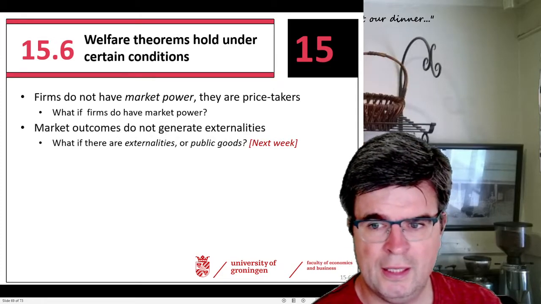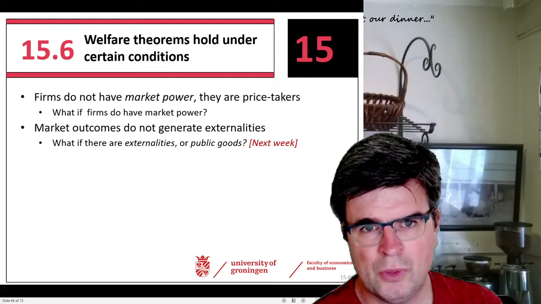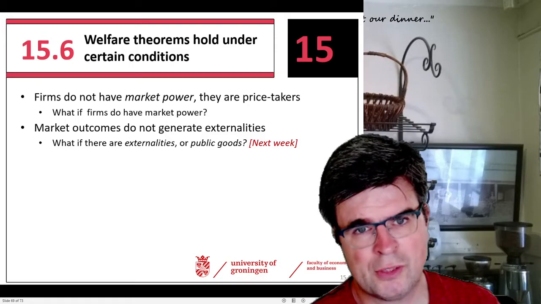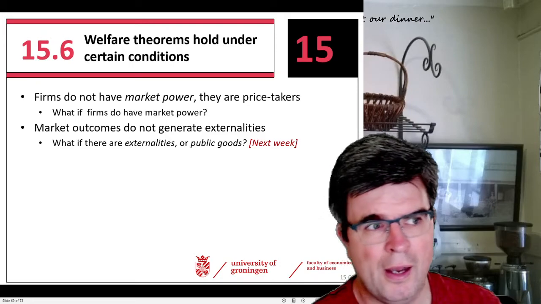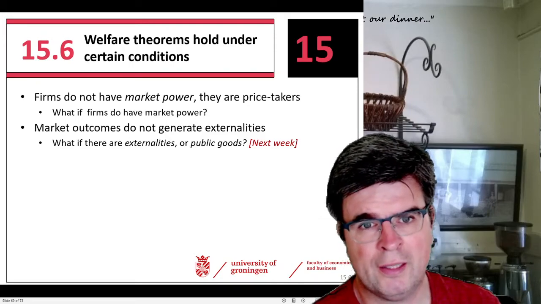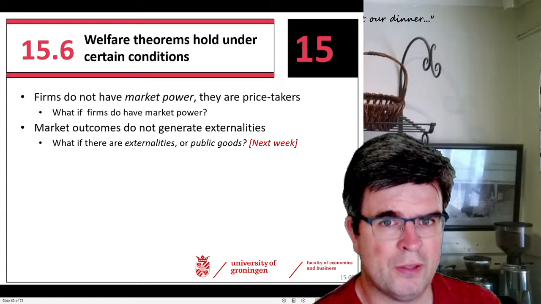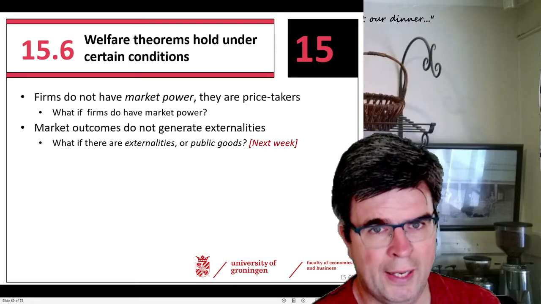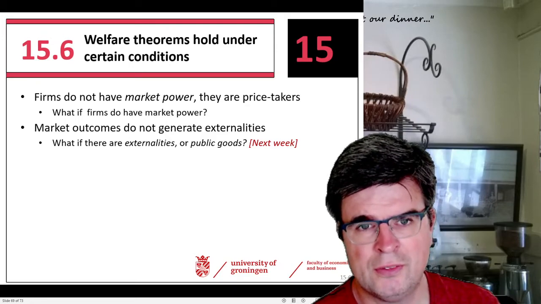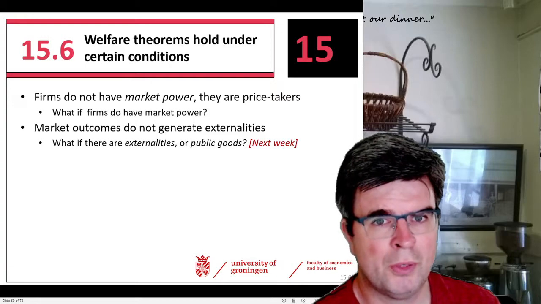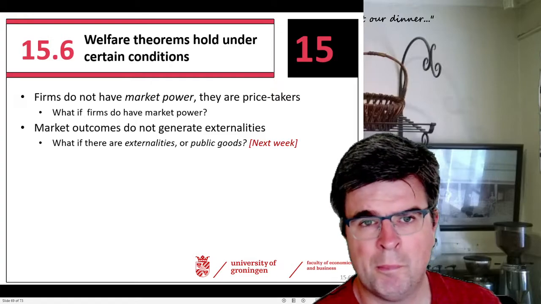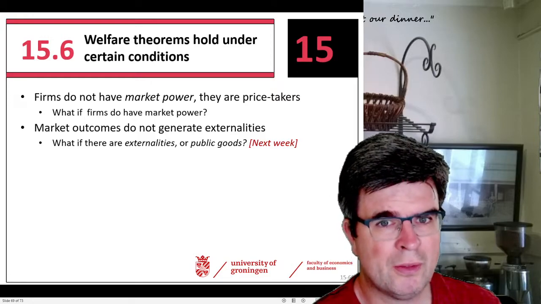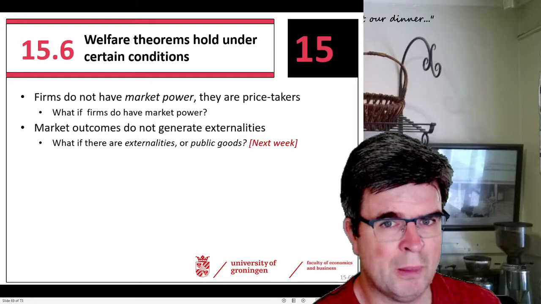Other things that we assume is that market outcomes do not generate any externalities. So I buy something from someone else, but it doesn't have any positive or negative consequences to people that are not involved in the transaction. In practice, it often has. There are externalities. Think, for example, of pollution. So if I buy something like a car, and many people buy a car, then the roads will become congested.